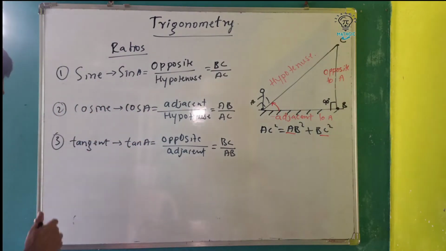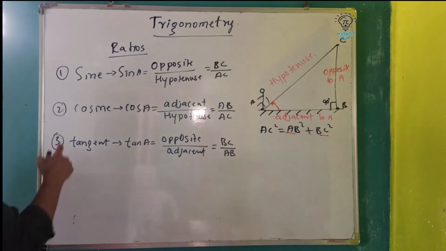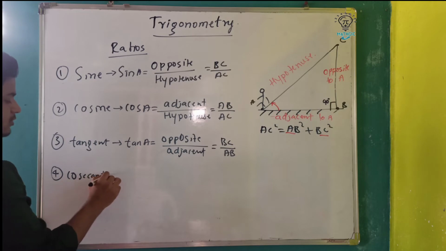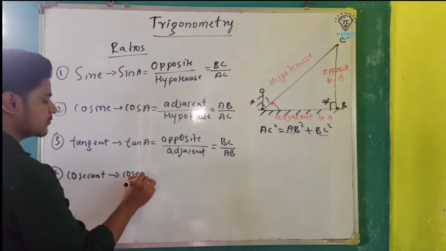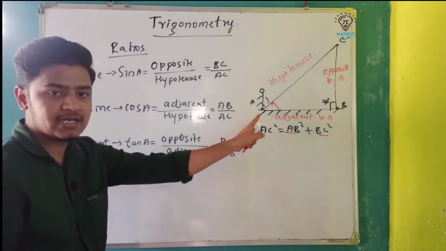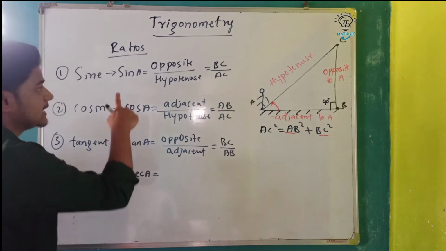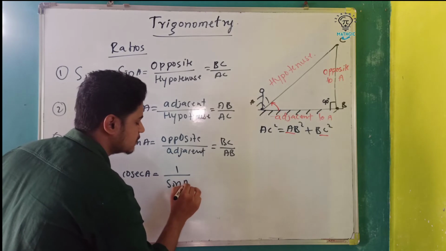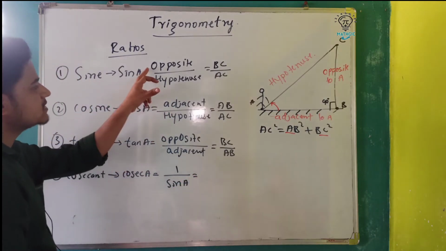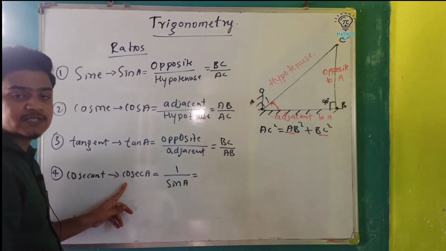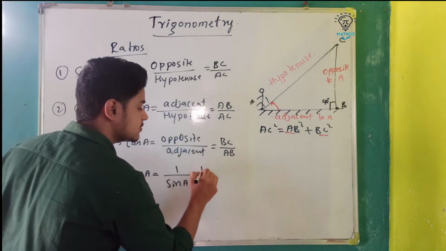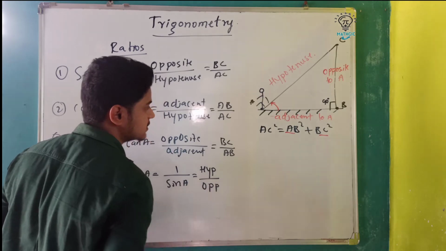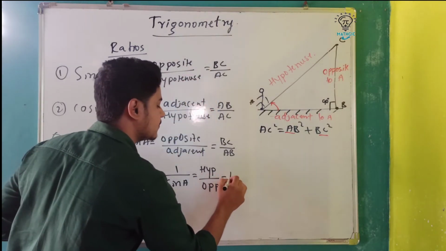The fourth one is the reciprocal of sine, called cosecant, written as cosec A, which is 1 by sine. Sine is opposite by hypotenuse, so the reciprocal is hypotenuse by opposite, that is AC by BC.